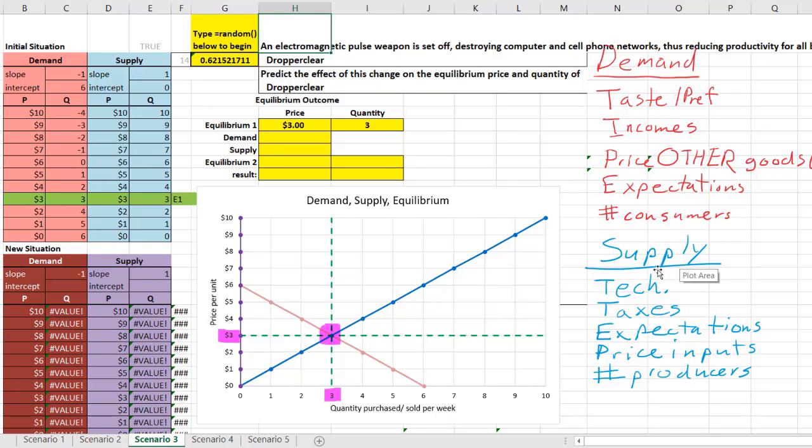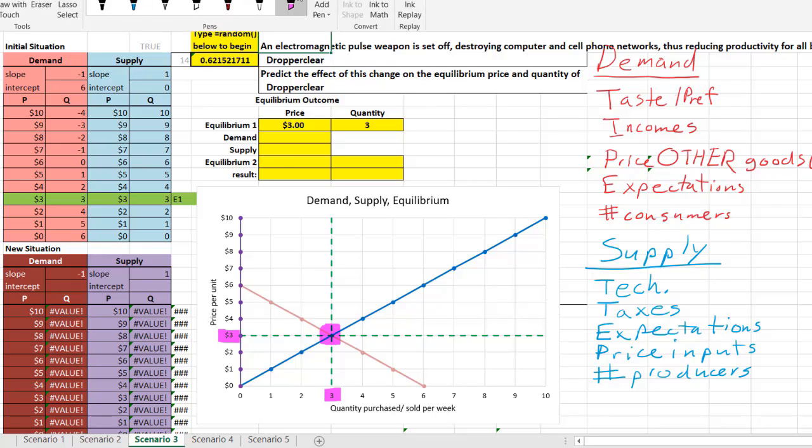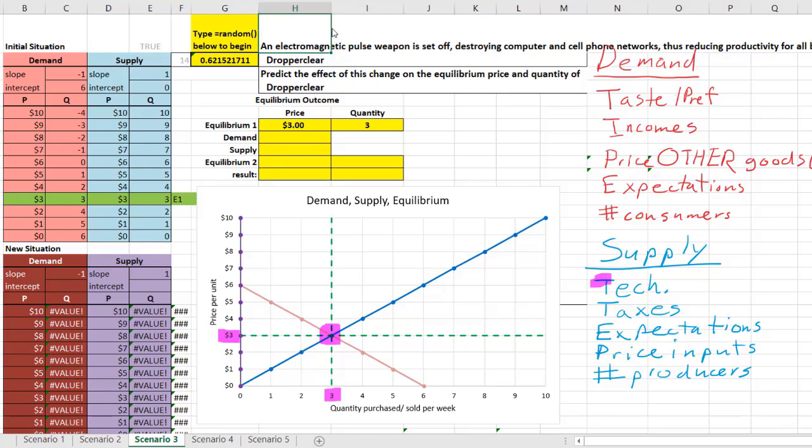I think that sounds like a supply factor, and indeed, when we look through our supply factors, we can say, is it technology, taxes, expectations, price of inputs, number of producers? Hopefully this one's pretty obvious. This is technology, and rare, and hopefully never happens, but this would be one of the rare factors that would cause a downward shift in technology, because it's reducing productivity, because it's ruining the capacity of our technology.